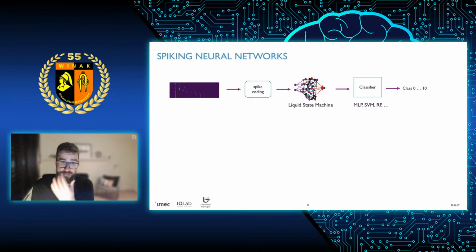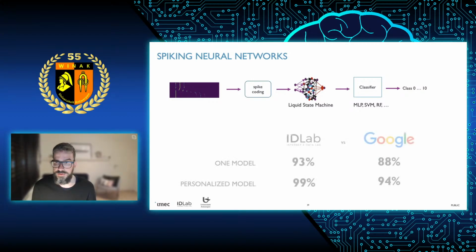We actually did this about half a year ago with the goal of building a much smaller system to really deploy on a low power device. And we said, okay, let's try to build this on a low power device, and we will probably take some hit in terms of accuracy. To our own surprise, we actually got a much better accuracy than what Google had with its deep learning system.